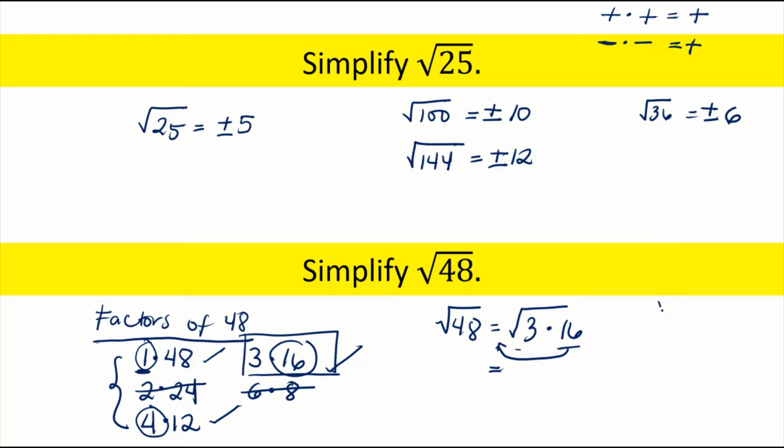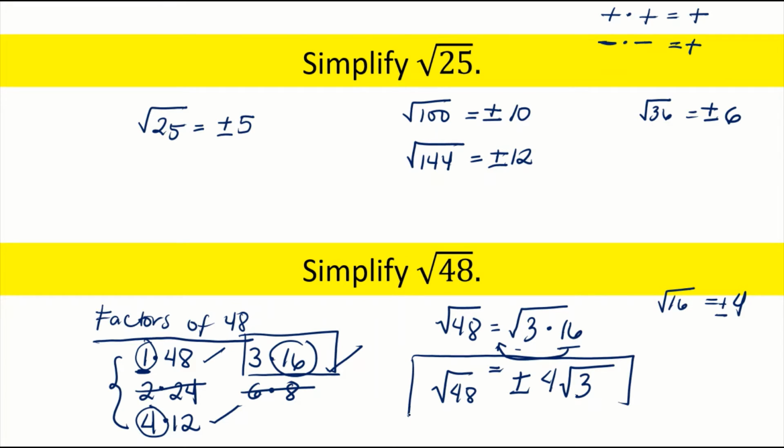We all know that square root of 16 is equal to 4, positive and negative. As usual, when we have a radical sign, the answer is positive and negative. What remains inside the radical sign is 3. So square root of 48 is now equal to positive and negative 4 square root of 3.